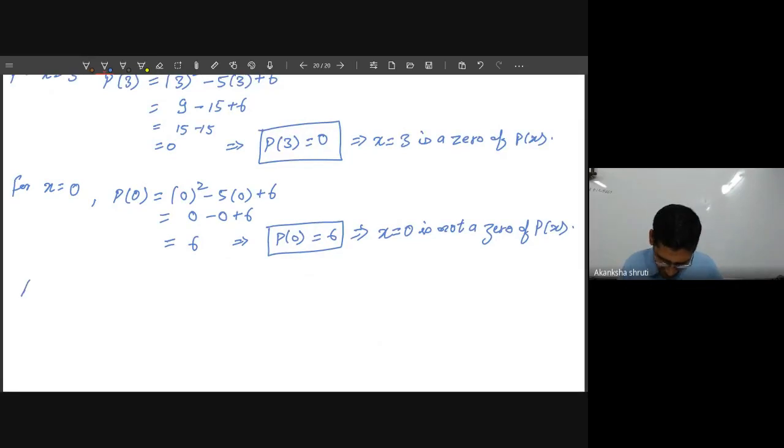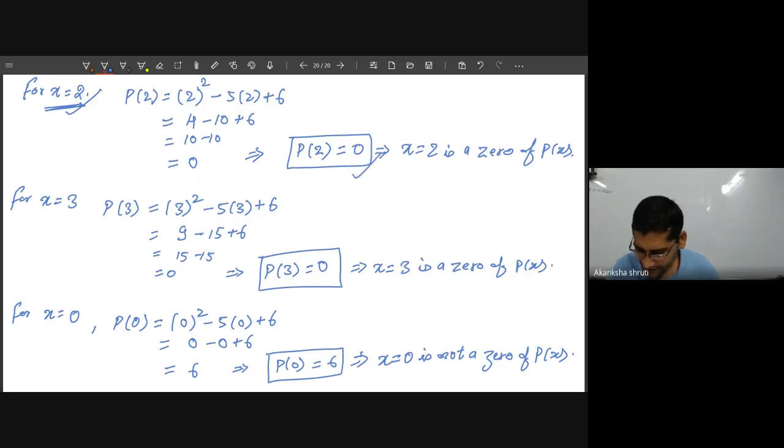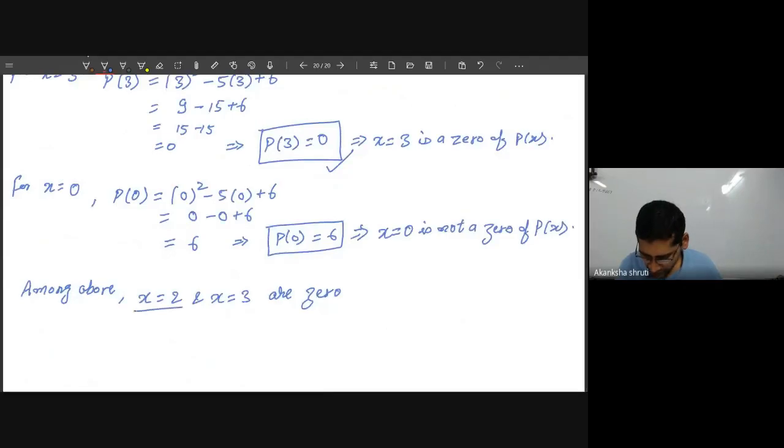So among the above values of x, x equals 2 and x equals 3 are zeros, the two zeros we have obtained, because for x equals 2 we are getting 0 and for x equals 3 we are also getting 0. So at these two values of x, the value of polynomial px is becoming 0. Therefore x equals 2 and x equals 3 are zeros of the given polynomial.